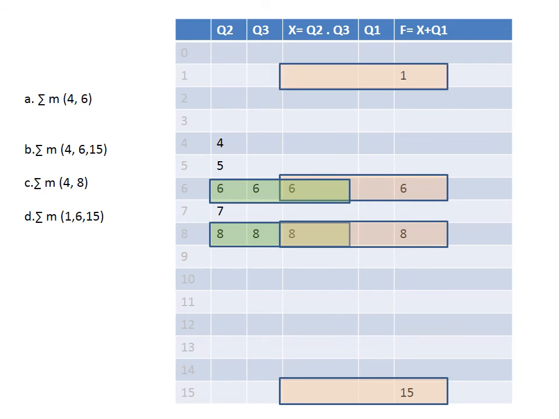We know the values of x. X doesn't contain 1 and 15, so q1 must contain 1 and 15. So the possible answer that is given, 1 and 15, is in D. So I can directly mark that the answer will be D.